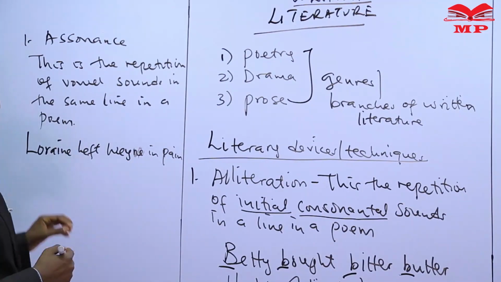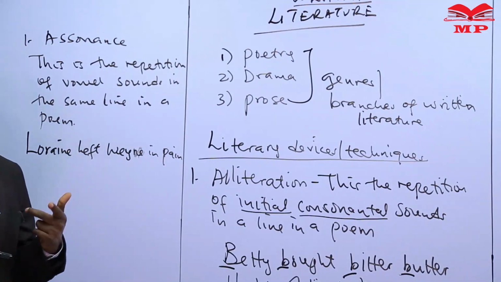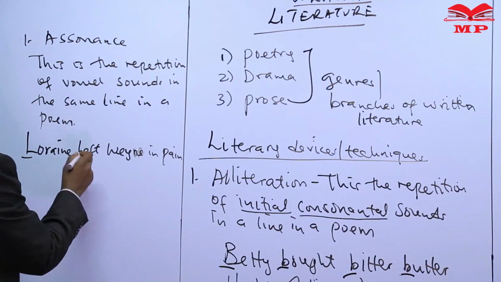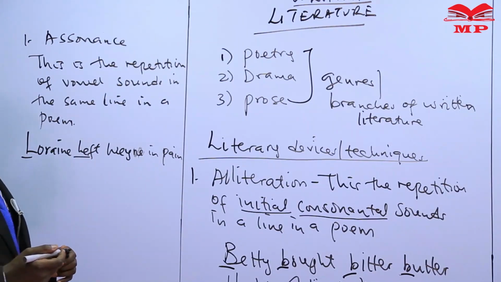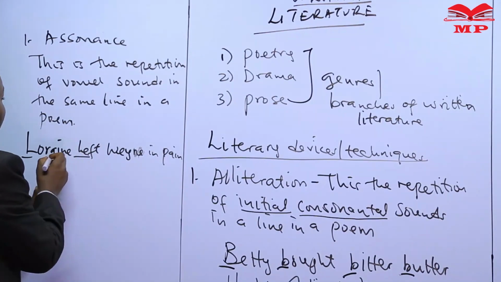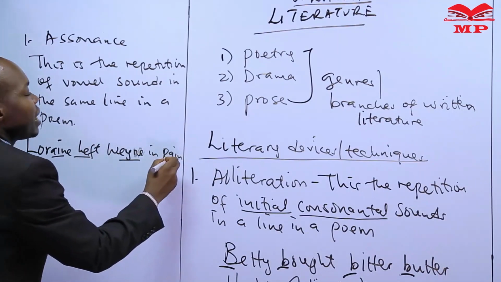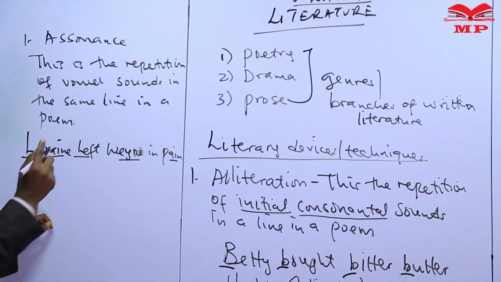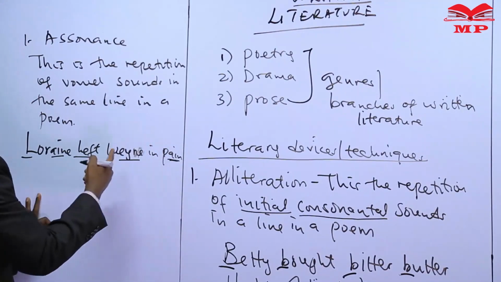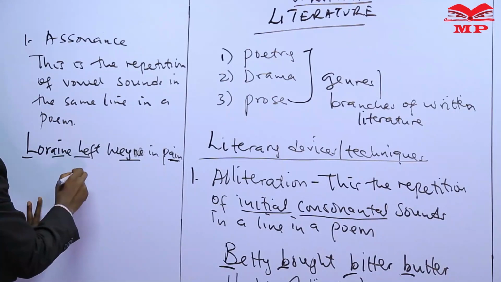Now, this line actually has both assonance and alliteration. Lorraine left, that's alliteration. But in the same line, you can hear the sound in pain: Lorraine, Wayne, and pain. You can get the sound A.